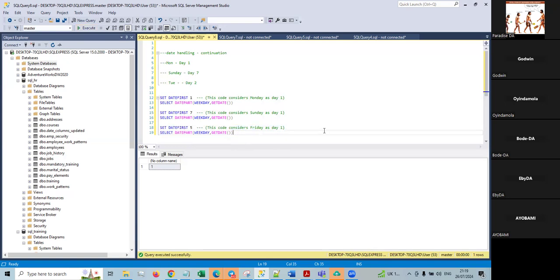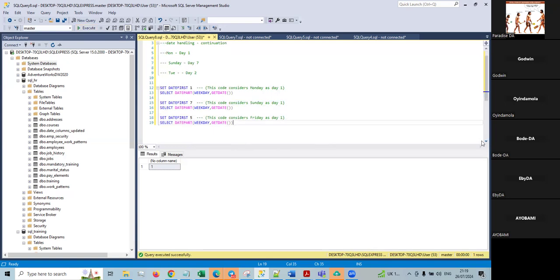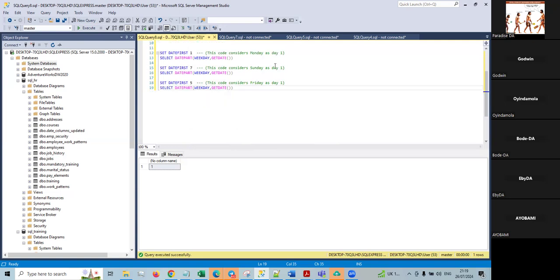Right, so in much the same way, instead of date part, we can use DATENAME to get the name of the day.